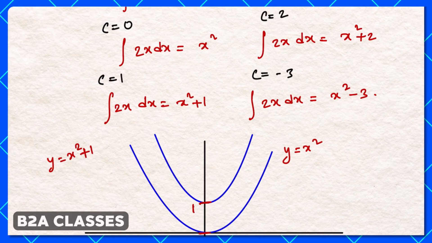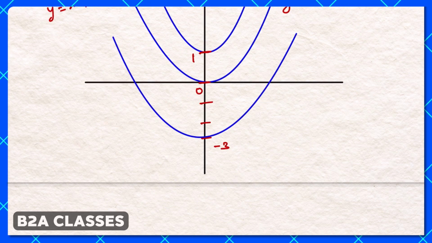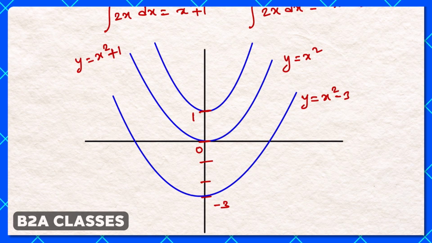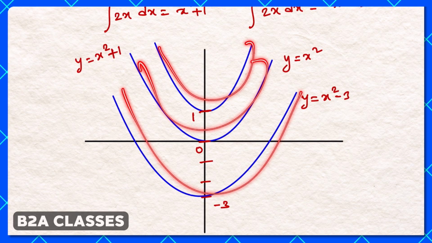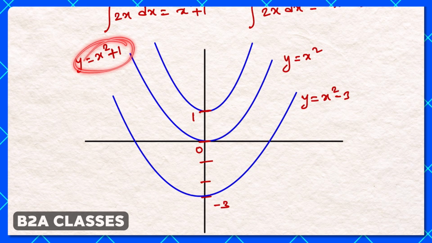This curve will pass through minus 3, meaning 3 units below the curve y equal to x square. So 1, 2 and 3. So this is the curve y equal to x square minus 3. So here I have drawn 3 curves. Okay. So in this case what was the value of c? It was 0. In this case the value of c was 1. And in this case the value of c was minus 3.